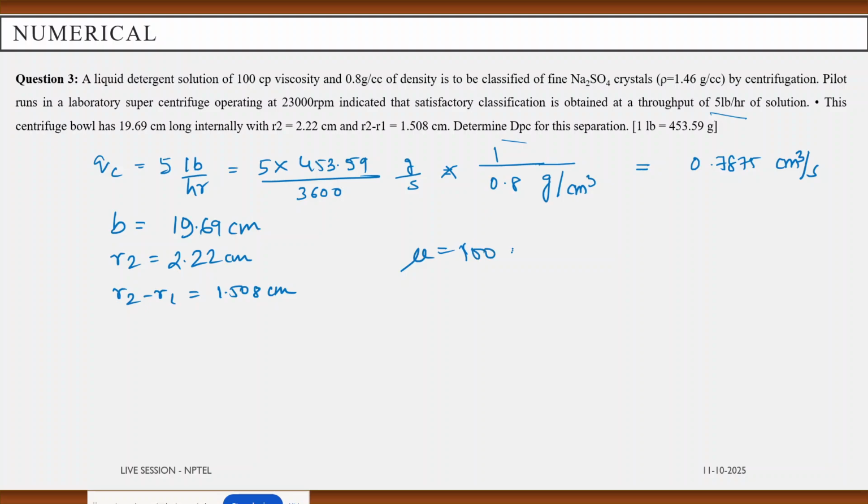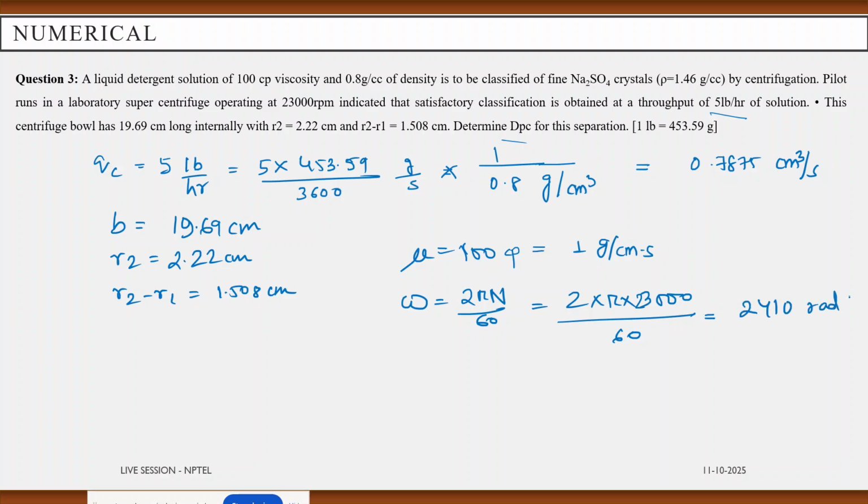Mu is given at 100 cP, which is nothing but 1 gram per centimeter second. Omega is 2 pi N by 60, 2 pi into 23,000 divided by 60 per second. So you have to just calculate the Qc.